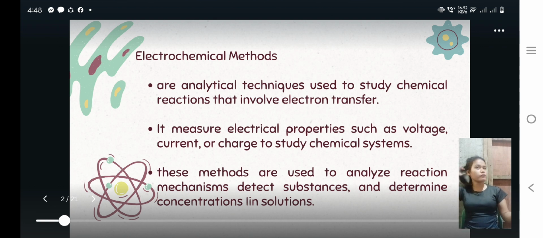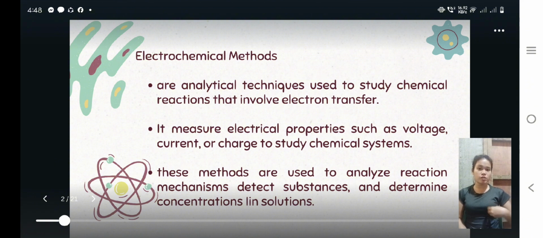For example, in a battery, a chemical reaction creates electricity. So, ang nagpapagana pala sa mga baterya ay yung mga chemical reactions. So, when the chemicals react to each other, they can create electricity.